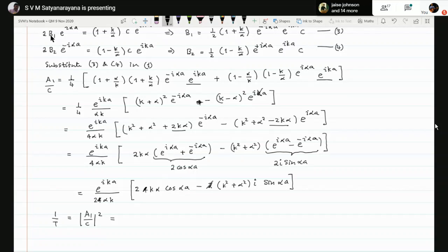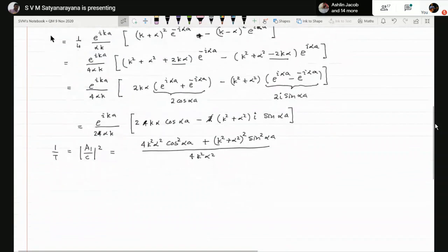So when I square, what I will have is 4k square alpha square cos square alpha a plus k square plus alpha square the whole square into sine square alpha a divided by 4k square alpha square. So this is the expression for 1 over T.